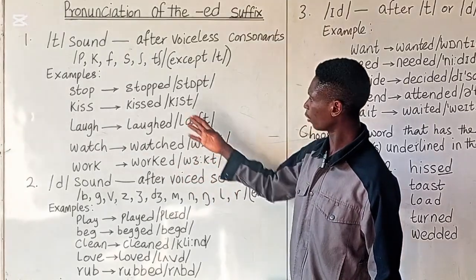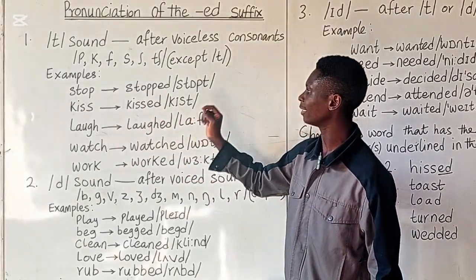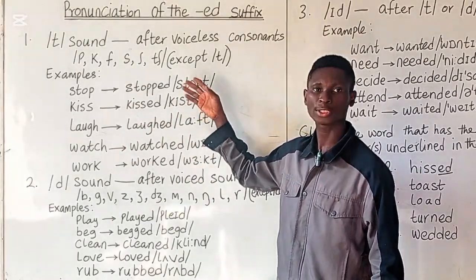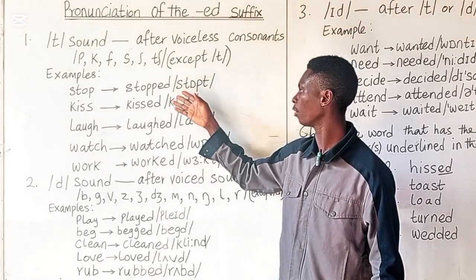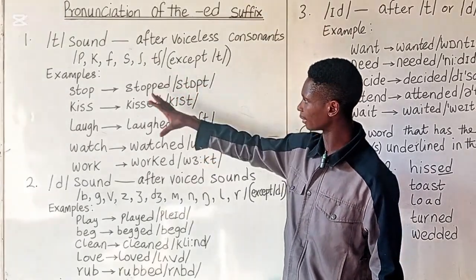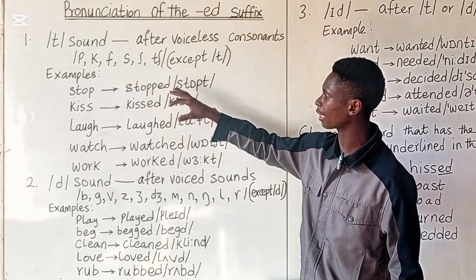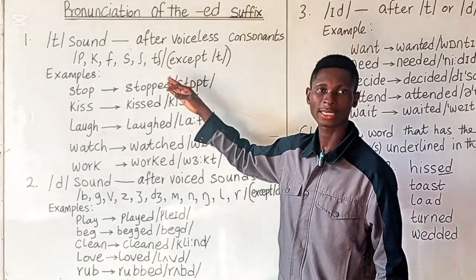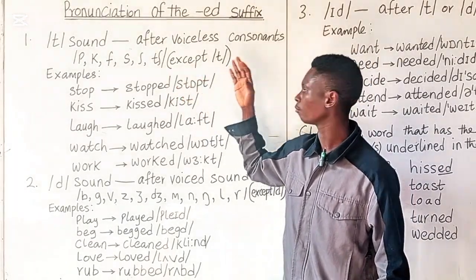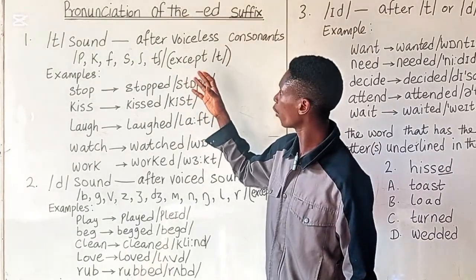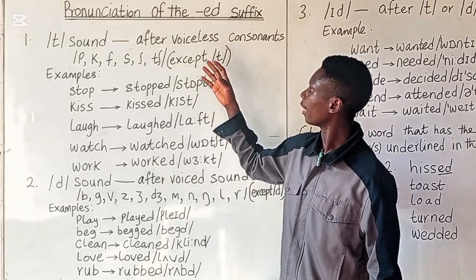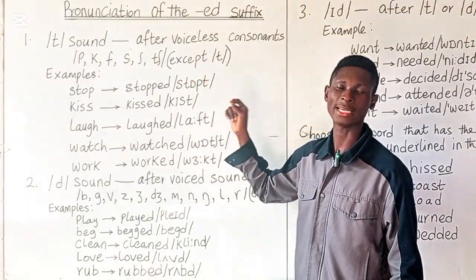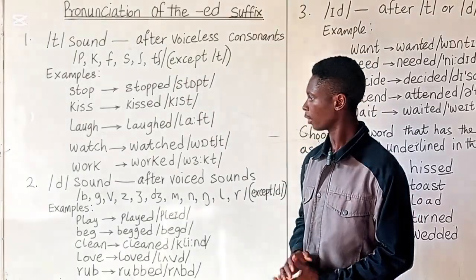So in each of these words, we have the t sound in place of the ed suffix added to form the past tense form. So please do well to note this, that we can realize the ed suffix as t in different words, and most especially it is words with a voiceless consonant sound before the ed suffix.